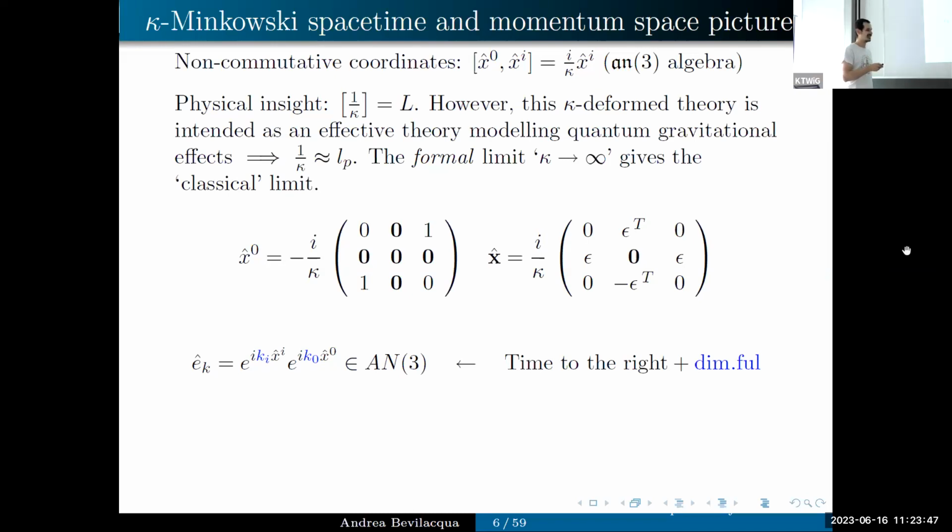Engineers will always use J for the imaginary unit. Here this is the complex unit and this is just an index. Sorry for the confusion. So you just take this group.